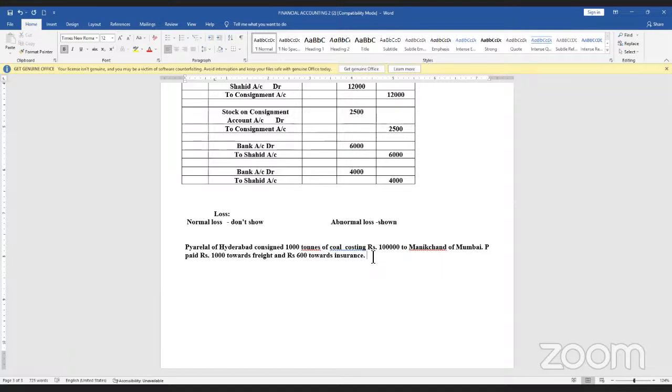One fourth of the consignment was totally lost in fire in transit.